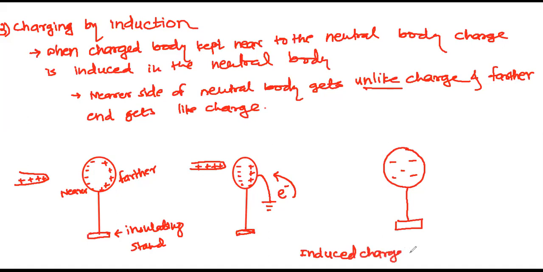Then the formula is induced charge Q dash is equal to Q into bracket 1 minus 1 by K. And K is the dielectric constant. What dielectric constant and relative permittivity are, we will see ahead. Don't worry. So note down this. The induced charge formula is also important.